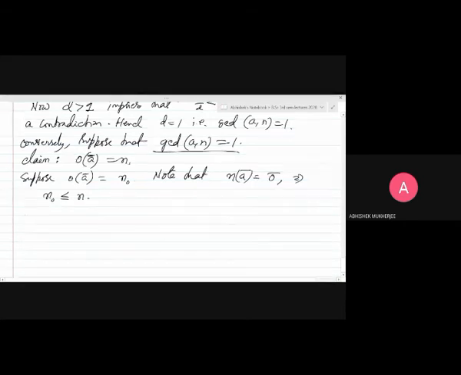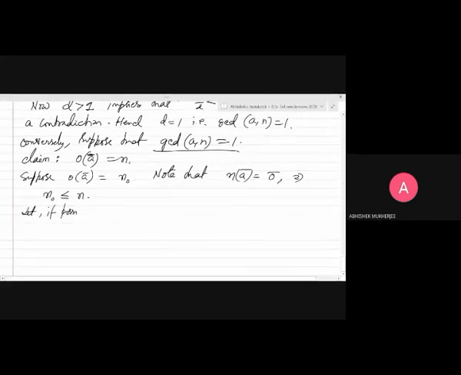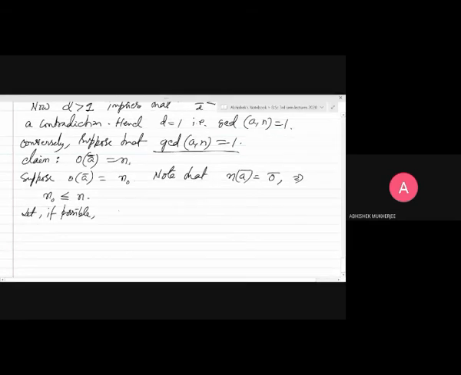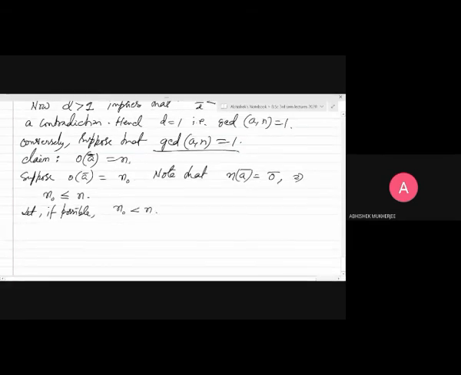So let, if possible, n0 is strictly less than n, right?